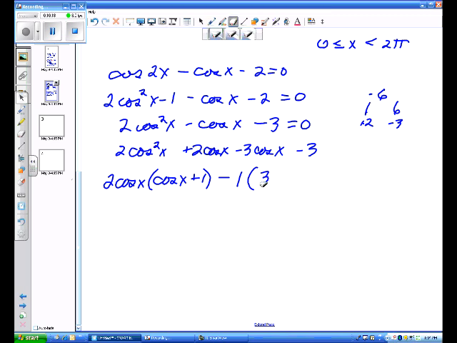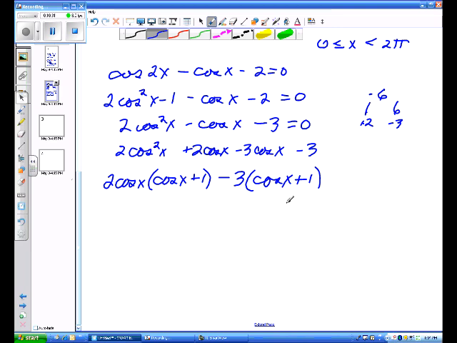That'll be a lot better. -3 times cosine x, -3 times +1 is -3. So I have a common factor of cosine x plus 1 times 2 cosine x minus 3 equals 0.